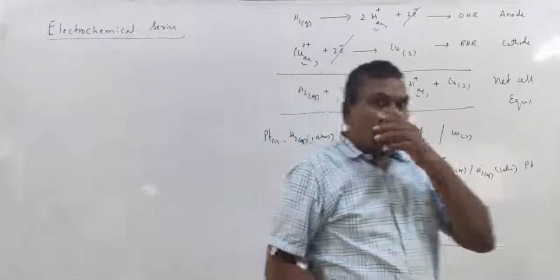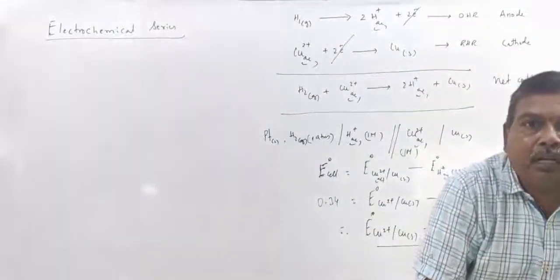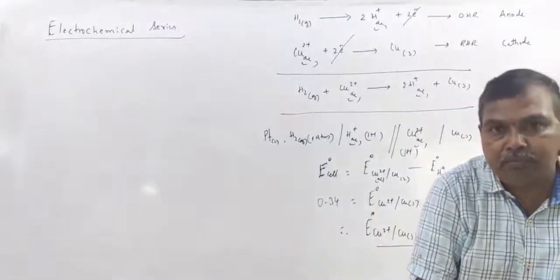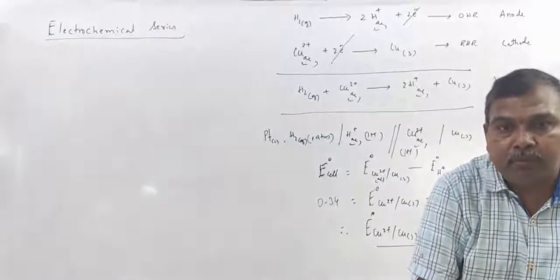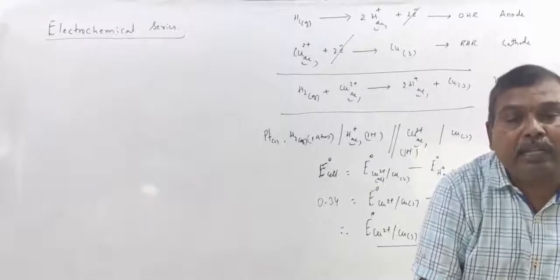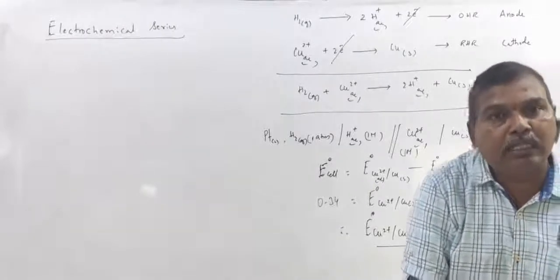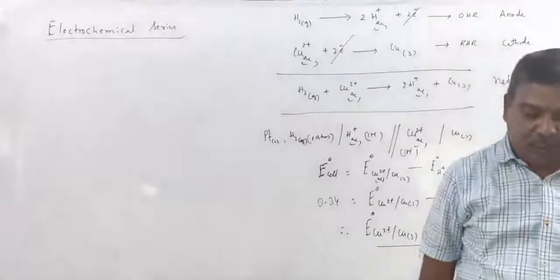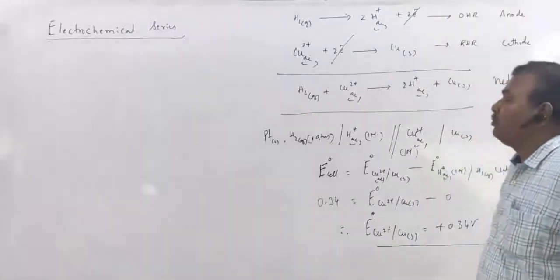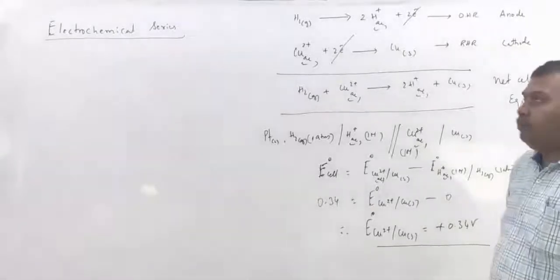So what is the electrochemical series? It is nothing but the arrangement of all the electrodes either in the decreasing order of their electrode potential values or the increasing order of their electrode potential values. Okay.